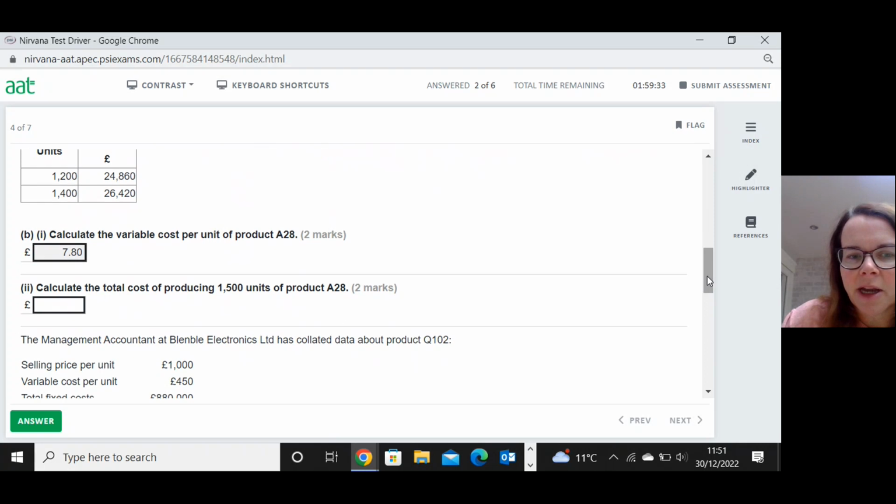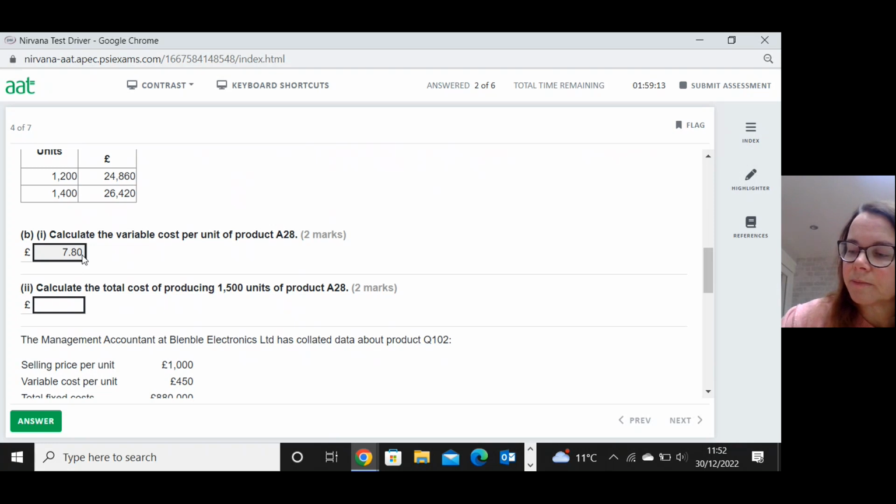So now I'm armed. I know that my fixed cost is 15,500, so I'm going to have that when I make my 1,500 units. And then in addition to that, I'm going to have 1,500 units times the £7.80 variable cost.